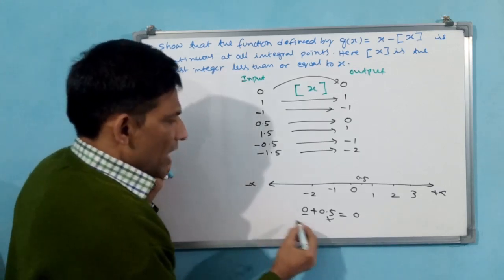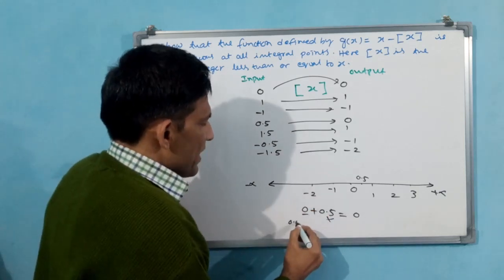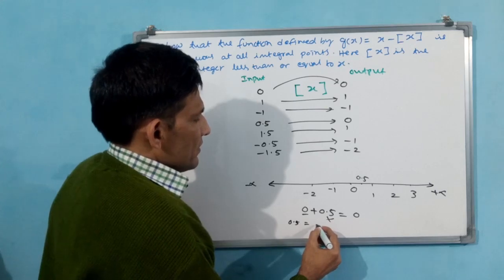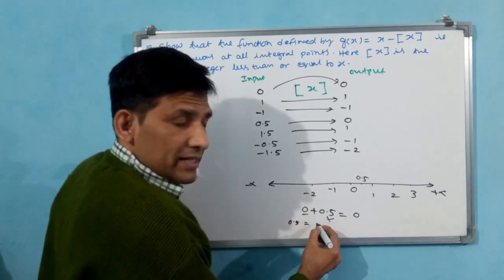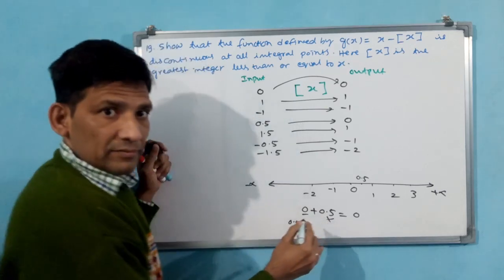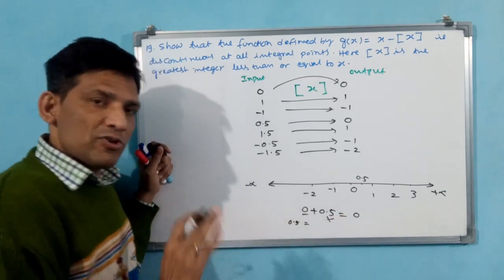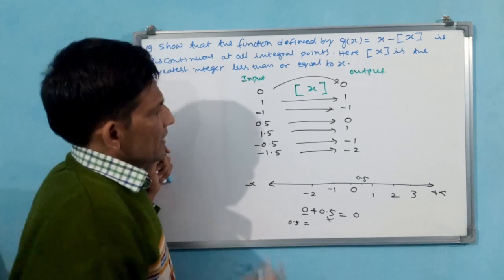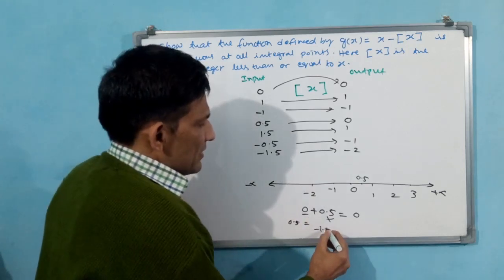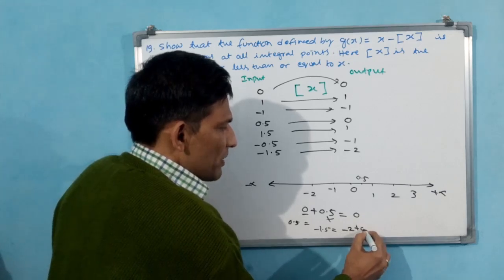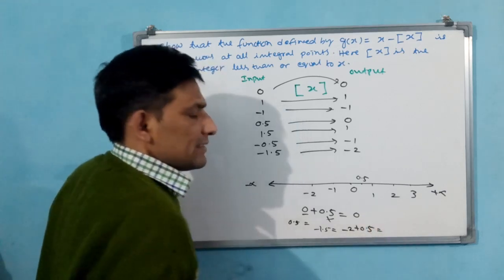Or else I can say it like this. If you give 0.5, it will make 0 plus 0.5, separate, and 0 only it will give out. 0.5 it will omit. What if minus 1.5? It will make minus 2 plus 0.5.